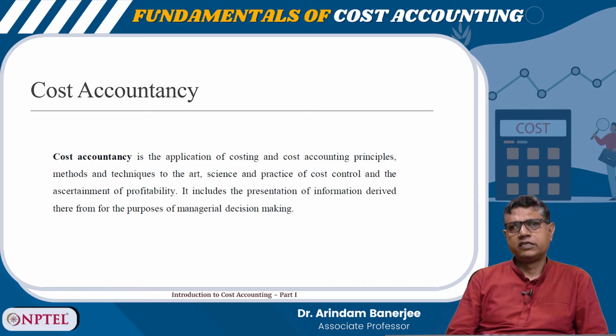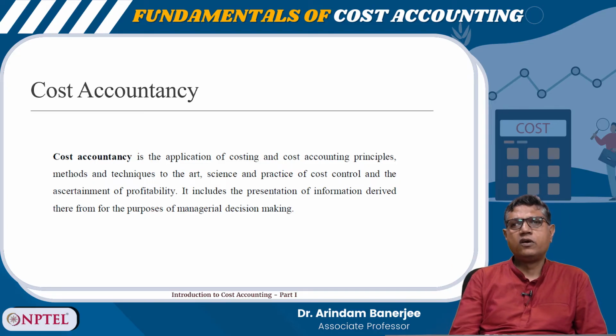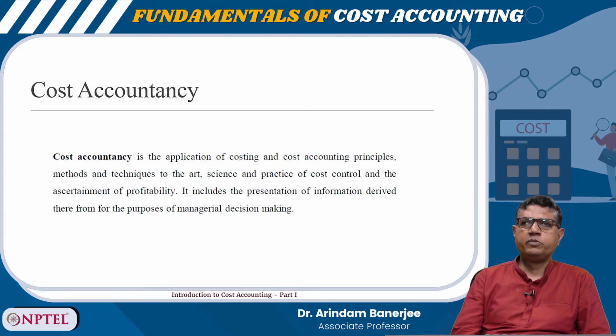In the forthcoming sections, we will discuss certain tools which can be used for decision making purposes. Particularly, that part of study is often called management accounting or management accountancy. There the managers use the cost data for prudent managerial decisions.